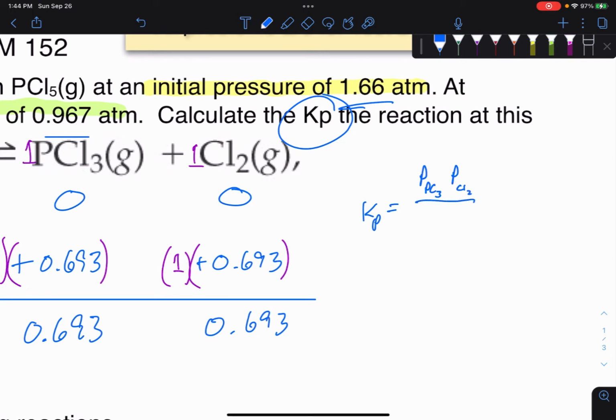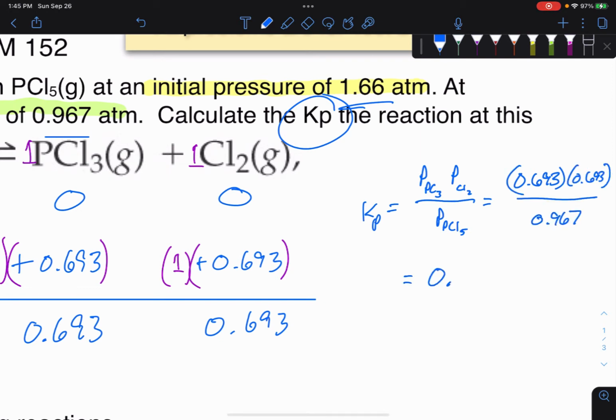Everything's raised to the 1 power. So it's going to be the product of the products up top, and then the only reactant down at the bottom. We can plug in our values from our ICE table. And if I do the math here, it comes in at 0.497. So it's just under 1.